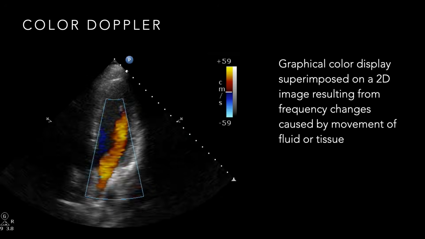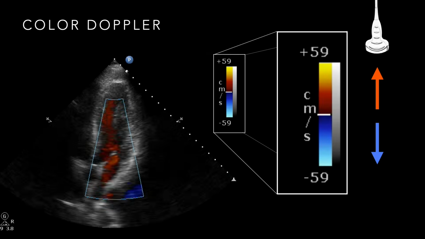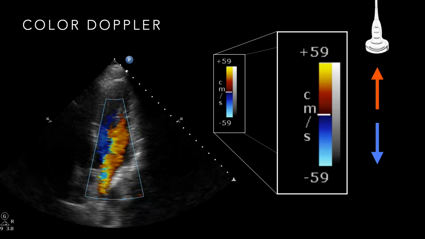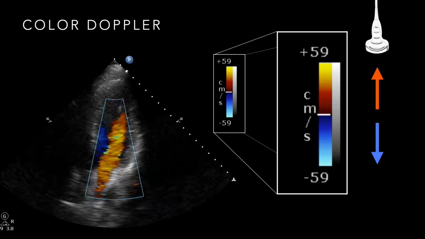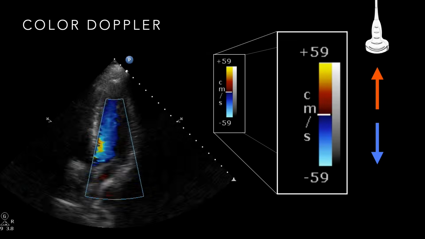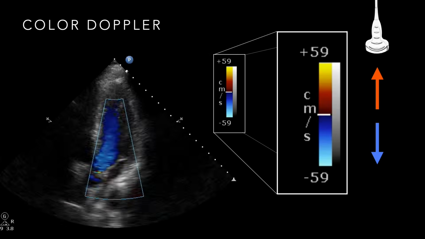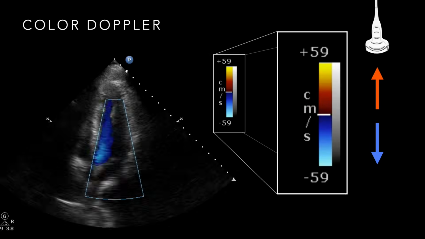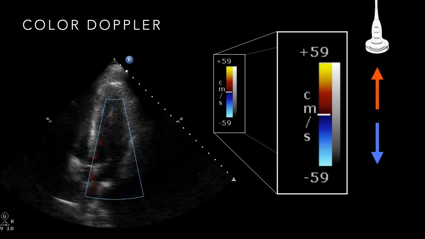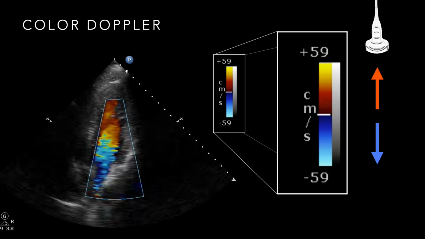And so customarily, we display orange and yellow tones as blood moving toward the transducer, right? And the blue tones is blood moving away from the transducer. Use the mnemonic BART, right? Blue away, red towards.